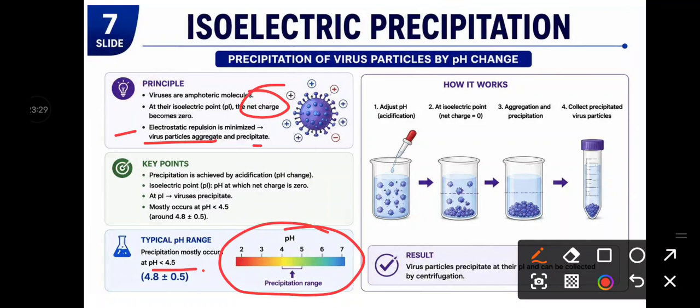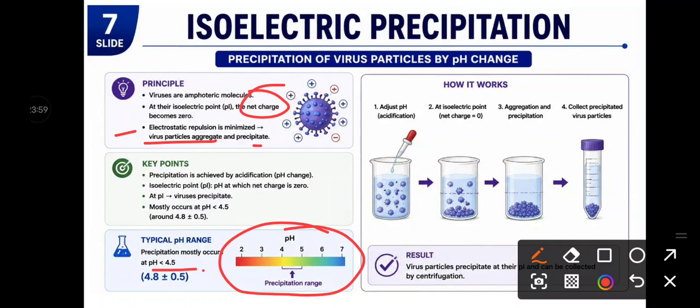So we have to do the acidification of the virus extract. That acidification will help in maintaining the isoelectric point, and ultimately the virus will be aggregated or precipitated at the bottom. This is the key principle behind the isoelectric precipitation method for virus purification.